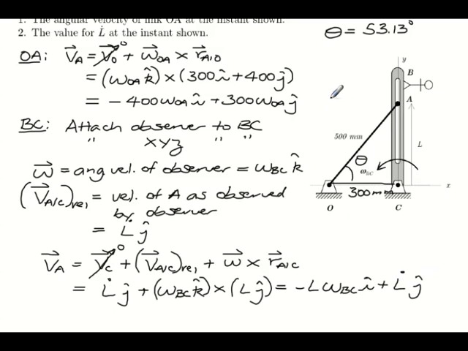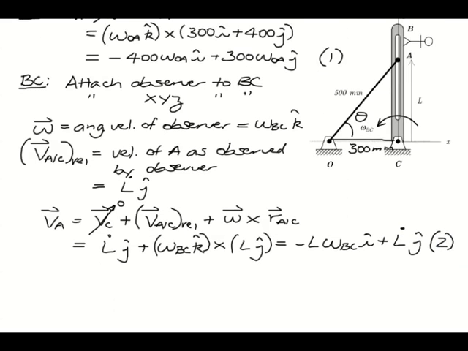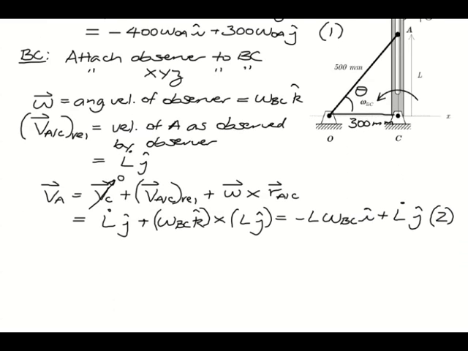So this first equation that we got from OA, we'll call that 1. The second equation is our moving reference frame equation using an observer attached to BC. Those two have to be the same. They're describing the velocity of the same point. The I components therefore must balance out.